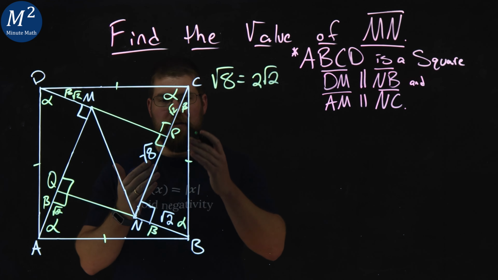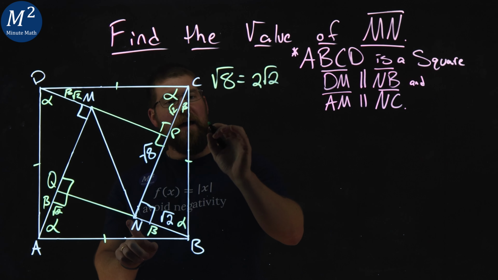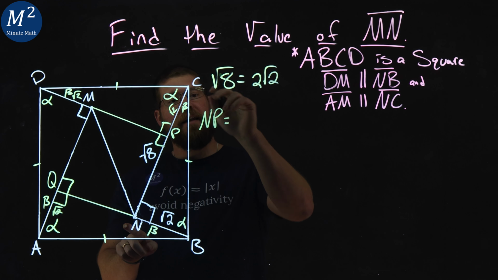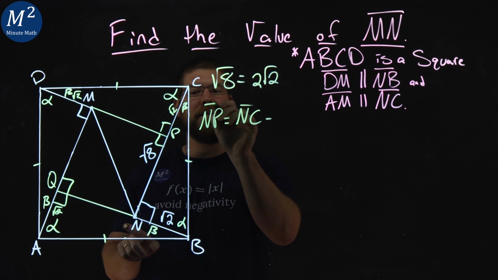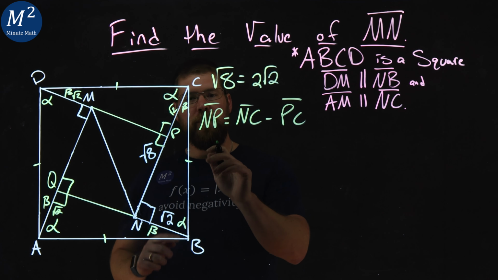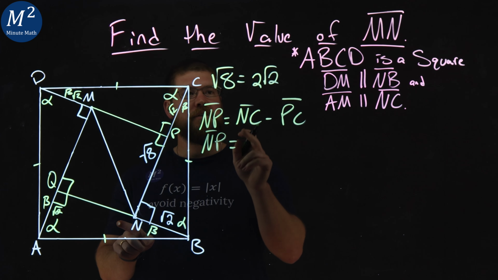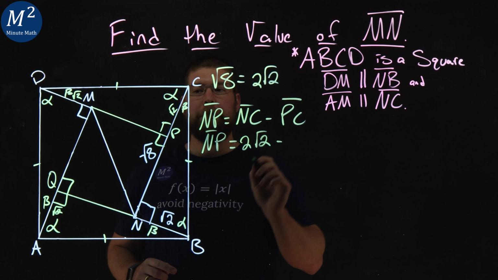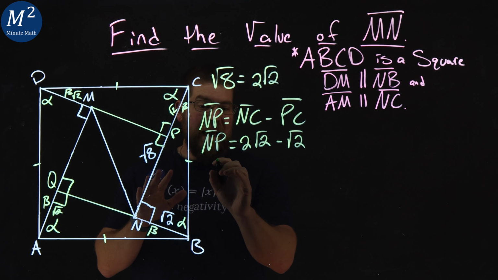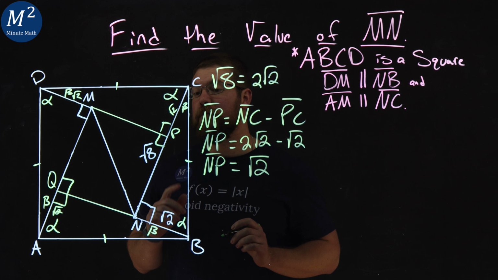Now what happens if I want to find the length of NP? Well, the length of NP is equal to the length of NC minus the length of PC. NP has the length of NC, which is 2 square root of 2, minus PC, which is square root of 2, which comes out to NP having a length of just square root of 2.